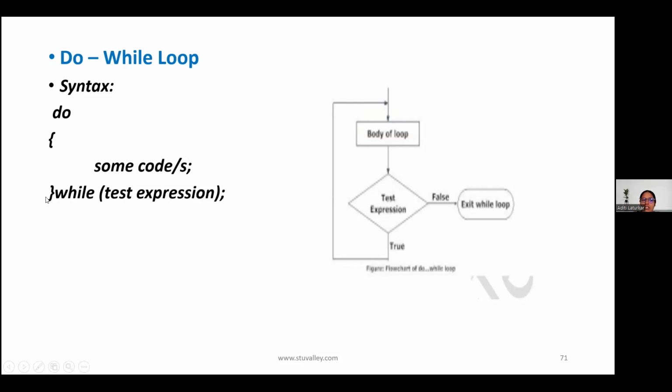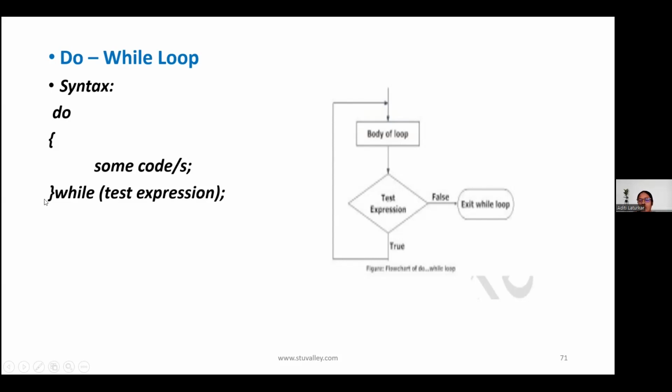So what happens in the do while loop? The body of the loop gets executed first, then the test expression gets checked. If that condition is true, then again the body of the loop gets executed. If it is false, then it will exit the do while loop. So at least once the do statement gets executed.